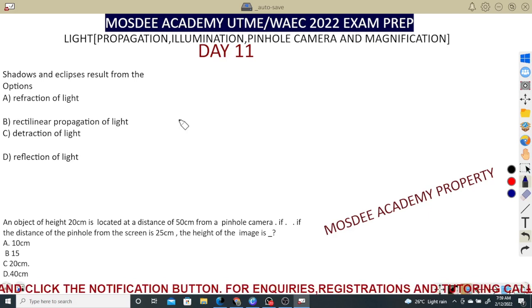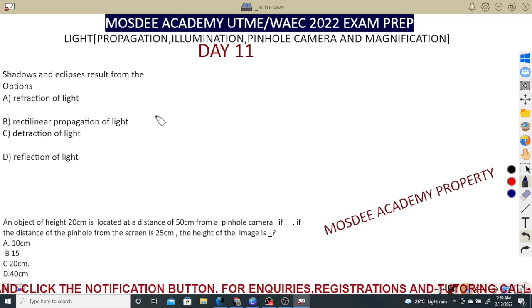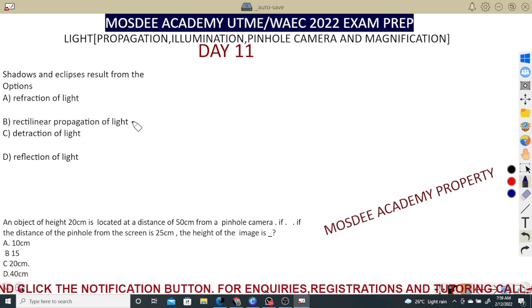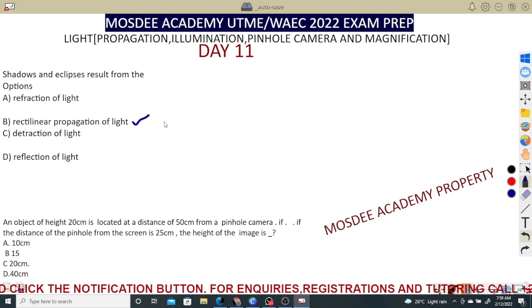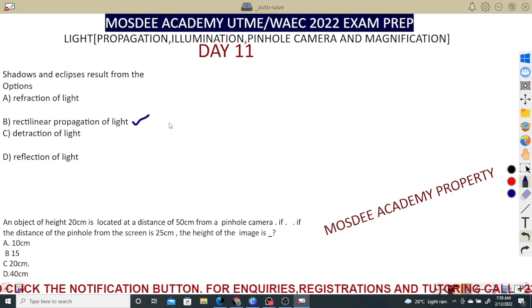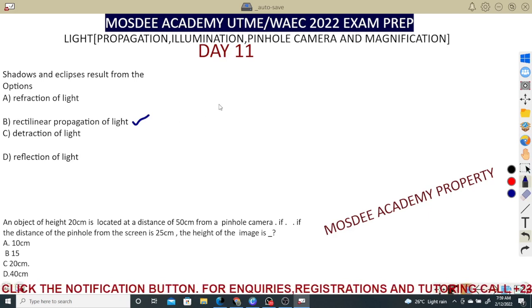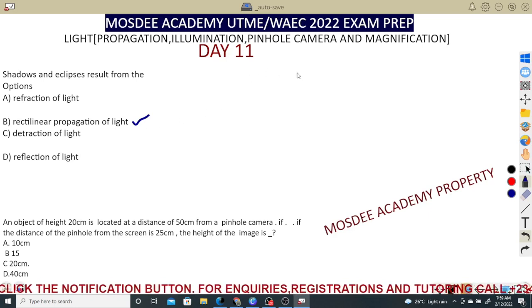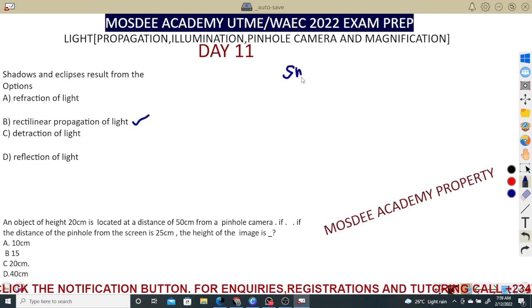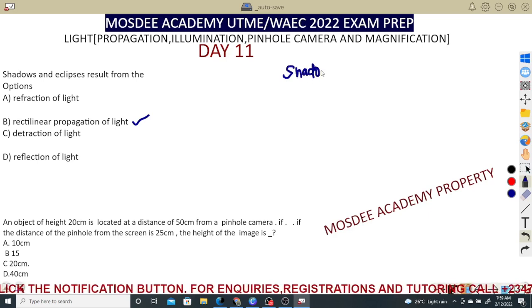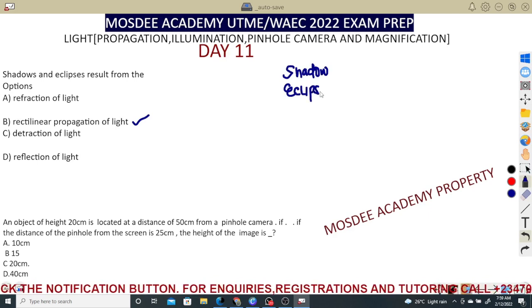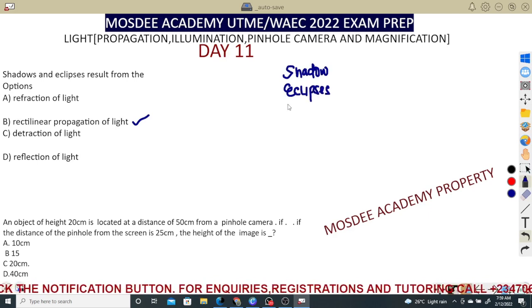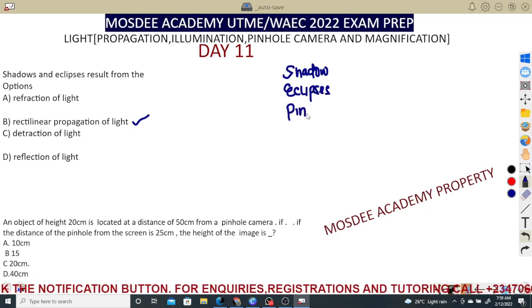About the rectilinear propagation of light, we talk about three applications. Light travels in a straight line, which I believe you have performed with a simple experiment with cardboard in your junior classes. Some of the applications are formation of shadows, formation of eclipse, and the third application is the pinhole camera.